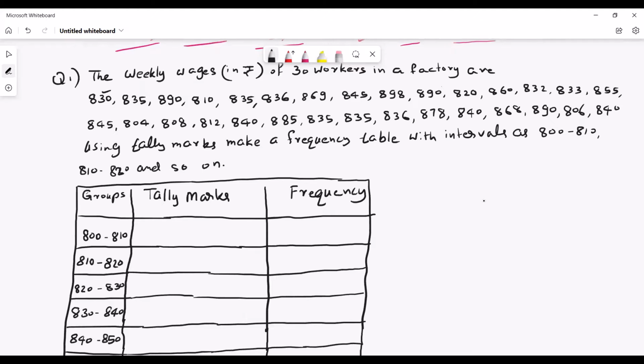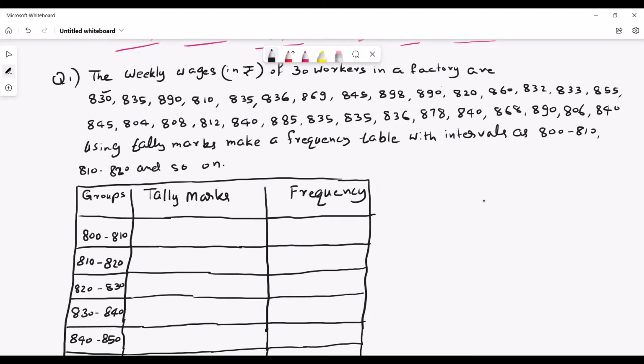We have to see where 830 is coming as the lower end of the range. It is in the fourth, 830 to 840. Wherever 830 is the ending number of a group, you should not mark there. Wherever 830 is the starting number, there you have to mark it.